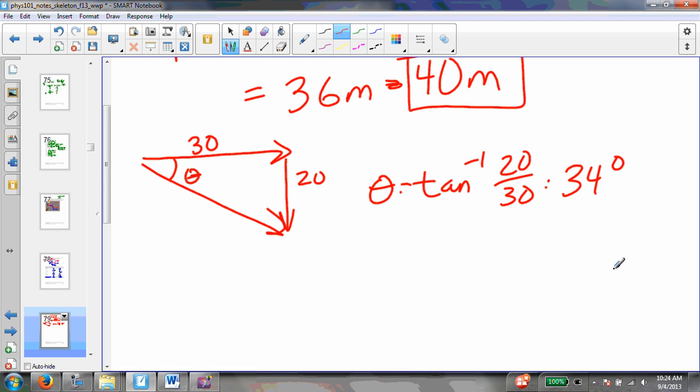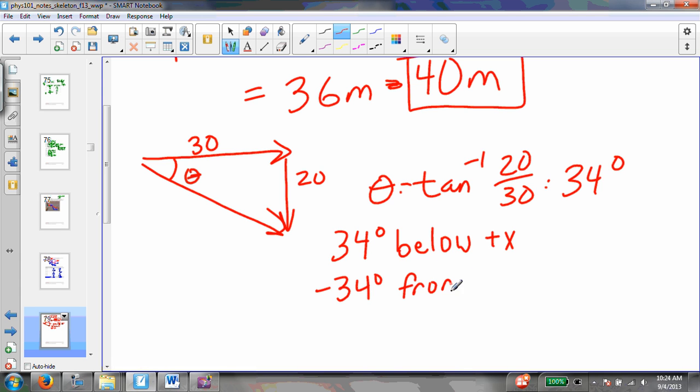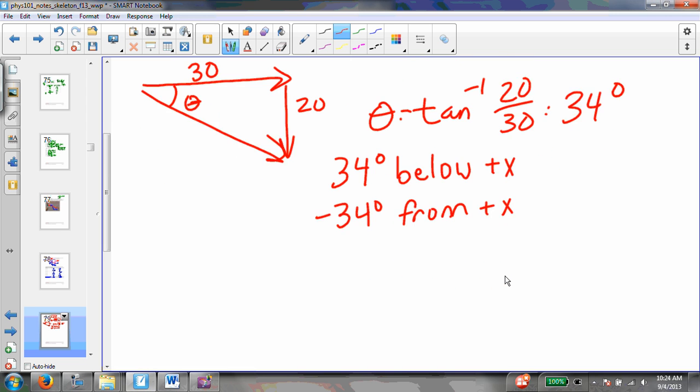I also need to add a qualifier where this is measured from. So I can express this in several different ways. I can say 34 degrees below the positive x-axis. I can say negative 34 degrees from the positive x-axis, the negative representing that it's below the positive x.